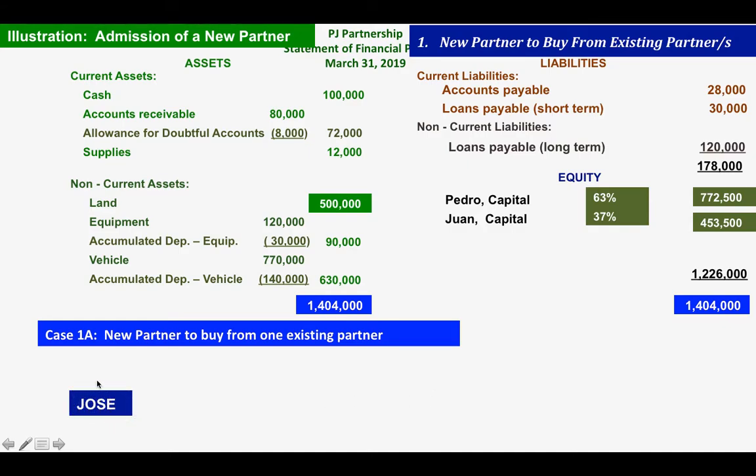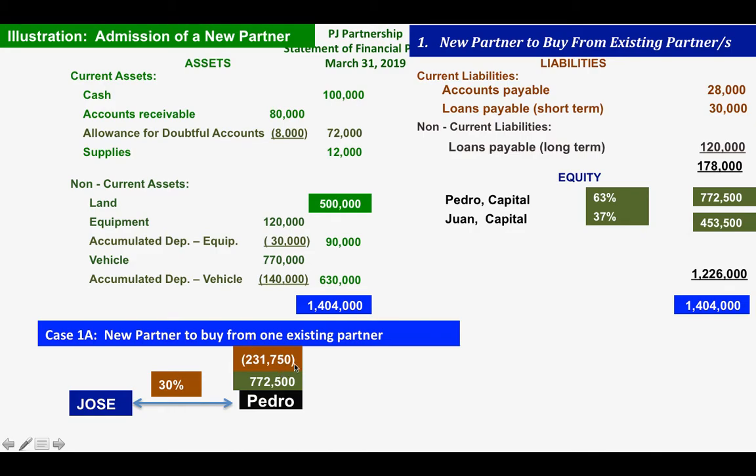So here our new partner is Jose, and then Jose will buy from Pedro. And we know that Pedro has a capital of 772,500 and Jose is going to buy 30% of 772,500, that will be 231,750.